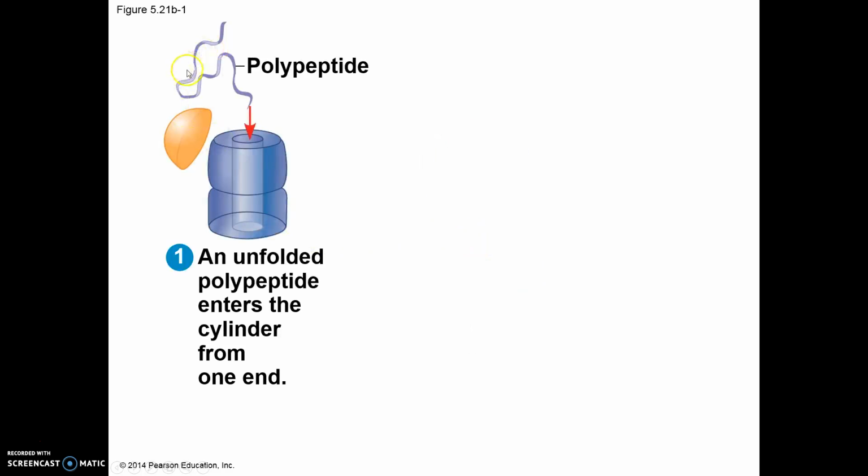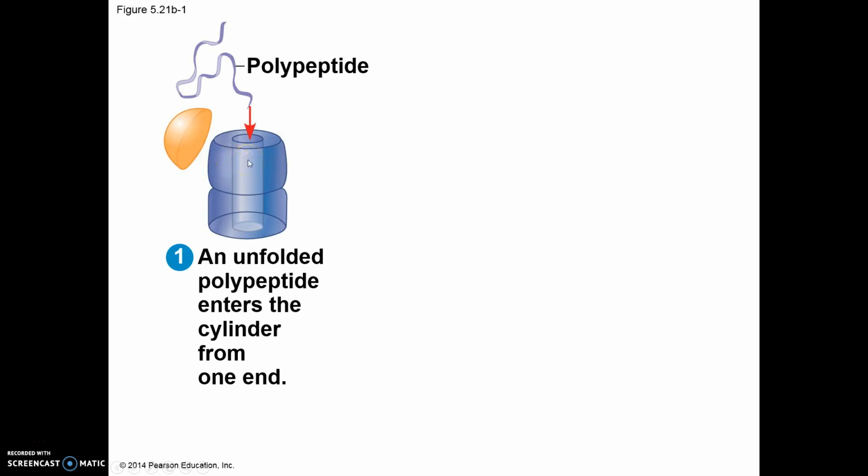When you get an unfolded polypeptide, it has a lot of exposed hydrophobic regions. It just so happens that on the inside of this barrel-shaped structure, you have a hydrophobic surface. So this is naturally going to attract this unfolded polypeptide. It'll want to bind to the inside of this.